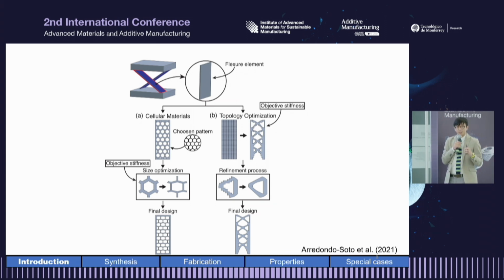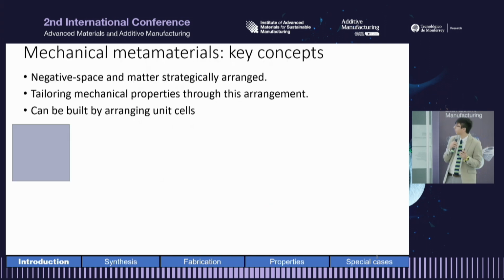Now, one step before employing topology optimization might be to explore the use of cellular materials, because at least they offer a periodic arrangement. And us as engineers, once we see something that is properly arranged, we tend to feel a little bit more secure.